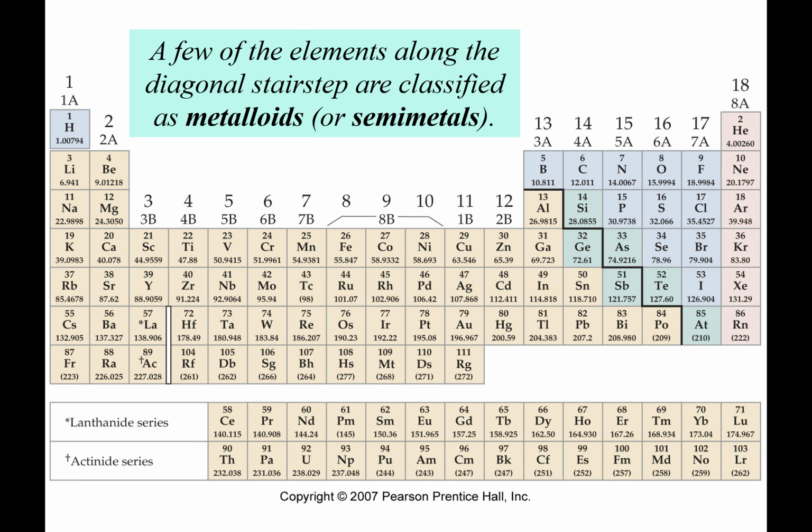So then we have, and I'll kind of go back and forth, can you kind of see this periodic table? It's kind of a green looking color there. Silicon, germanium, arsenic, antimony, tellurium, and I think that's astatine. Okay. So those actually lie along the JAG, and they kind of have properties of being metals and nonmetals.